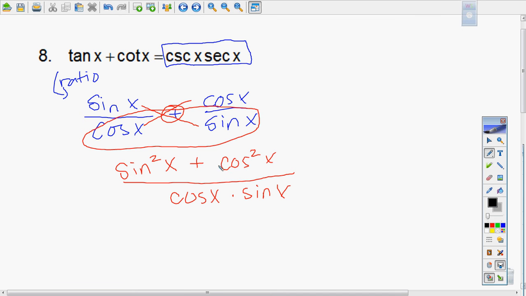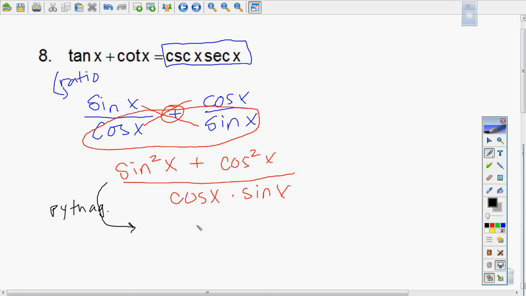What is that? Look at your identities. Sine squared x plus cosine squared x. It's 1, because it's a Pythagorean identity.